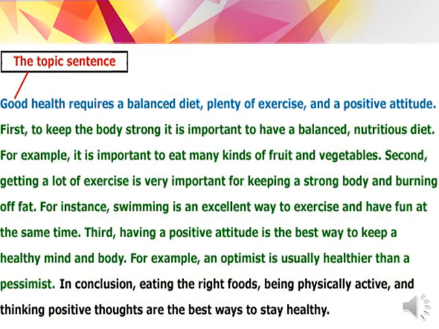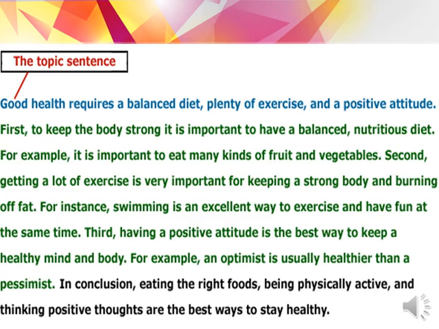Here we will have an example about a really good paragraph. It contains some mistakes if you notice that it doesn't contain a title or maybe margins at the sides, but that's only because it's taken from a bigger, let's say, page. So, if we want to start with the topic sentence, the topic sentence here is "Good health requires a balanced diet, plenty of exercise, and a positive attitude."